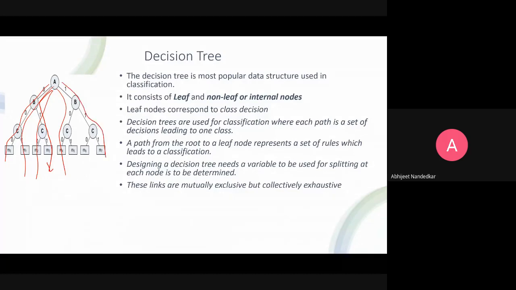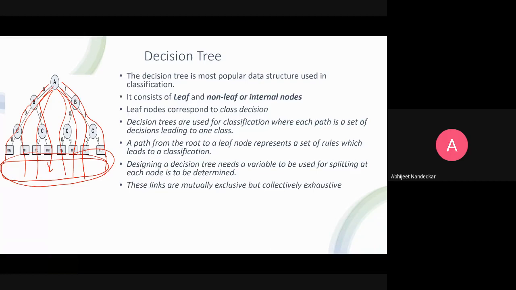Then I can have this path, I can have this path. So there are, say in this diagram, 8 paths. Okay, so 8 paths are mutually exclusive. That means they are not overlapping with each other. So mutually exclusive and collectively exhaustive. So they will exhaust all the possibilities if you consider all of them.